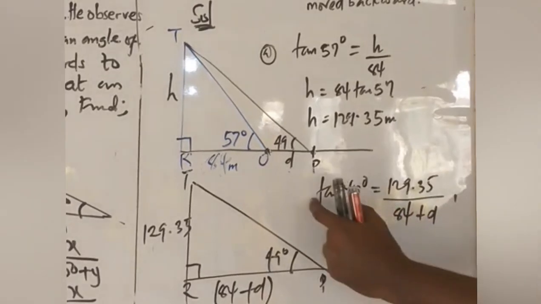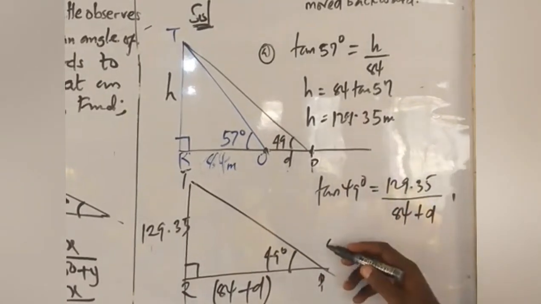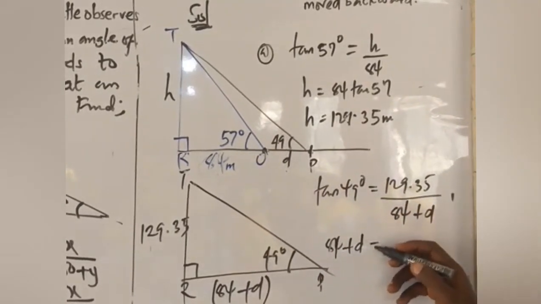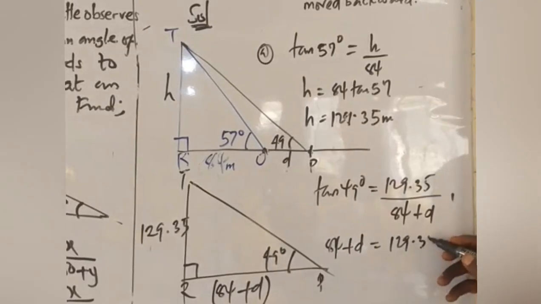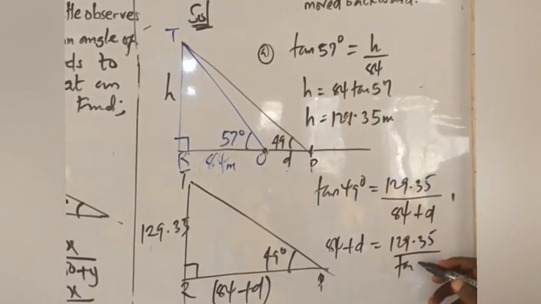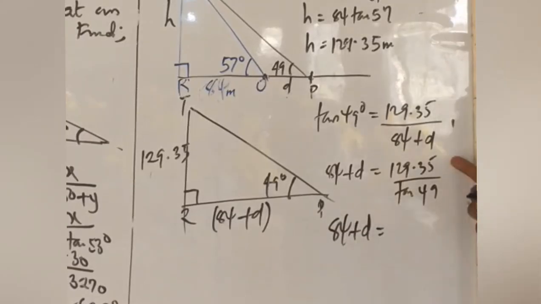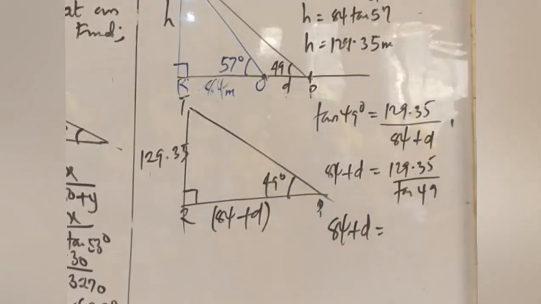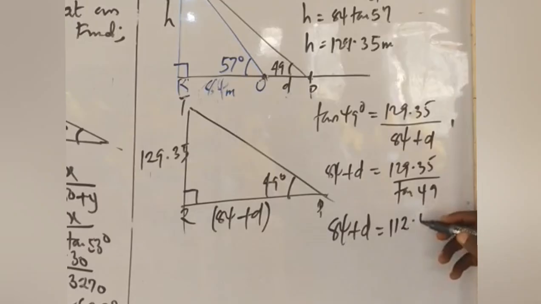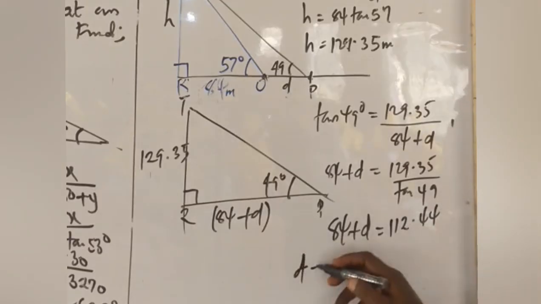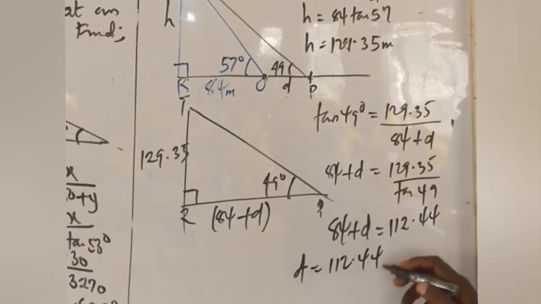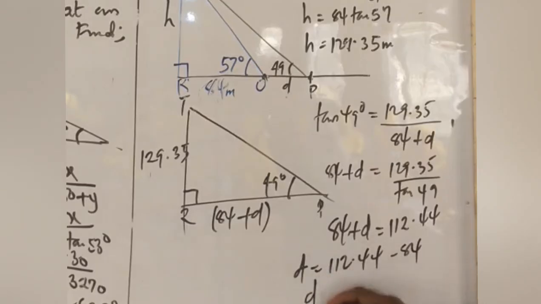We can switch, bring this tan below here and throw down there. So 84 plus D equals 129.35 over tan 49. Let's divide 129.35 by tan 49, which is 112.44. From there, D equals 112.44 minus 84, so D equals 28.44.